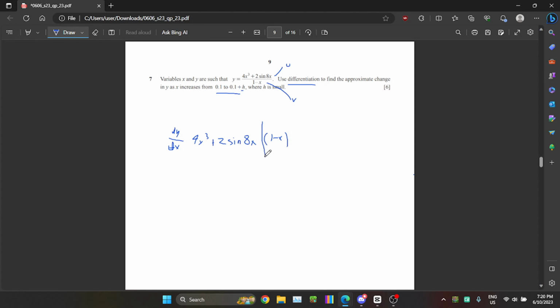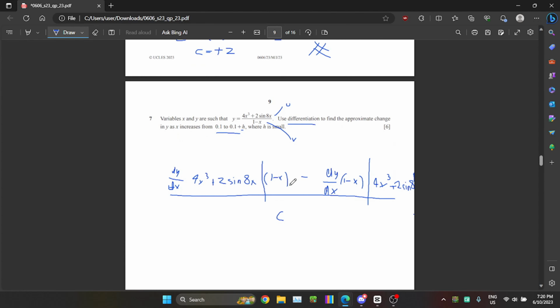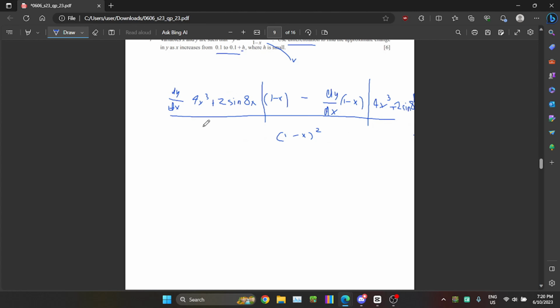Then minus the derivative of 1 minus x, then this separately, just times the regular number. I can't fit that, there's an x over there. And then this whole thing you have to put over (1 minus x) squared. Oh my god.